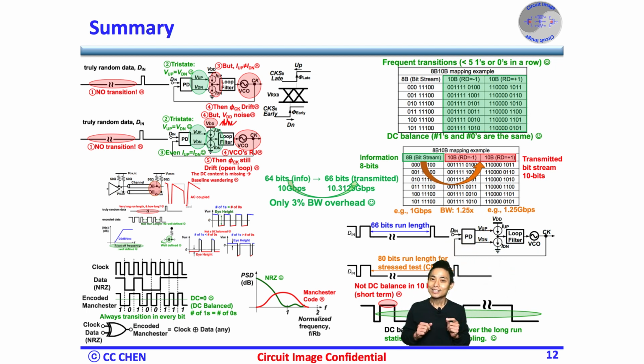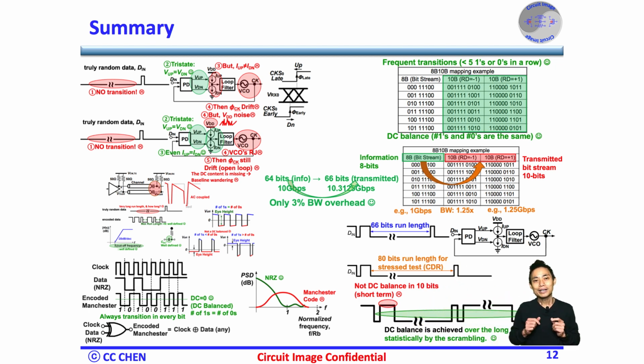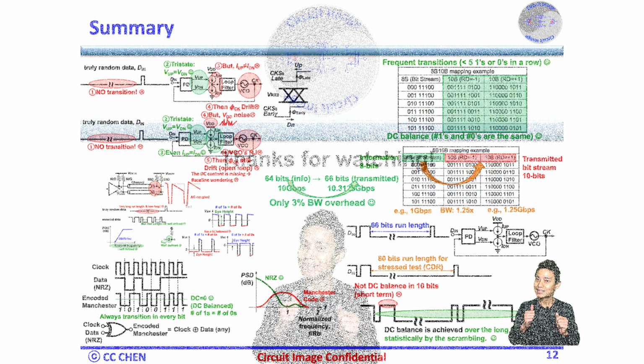Also, the DC is not balanced in a short run length, but only over the long length statistically by scrambling. The 64b/66b data is still DC balanced, and both the eye width and eye height might still degrade slightly compared to the 8b/10b data transmitted at the same data rate at the interface.